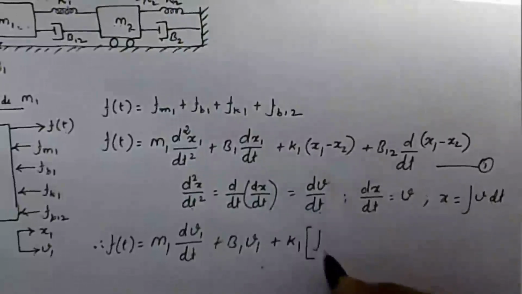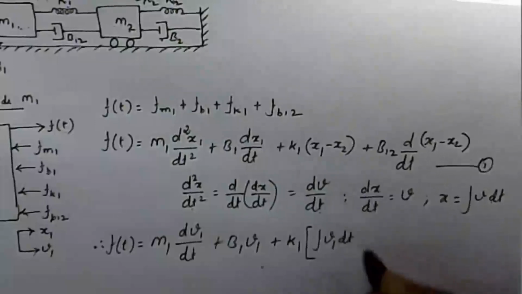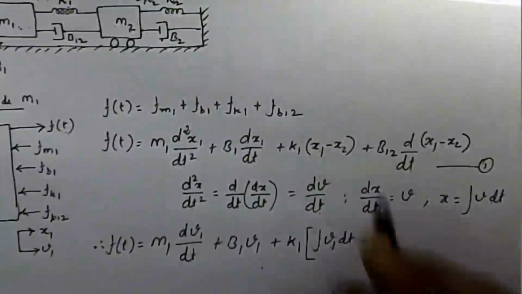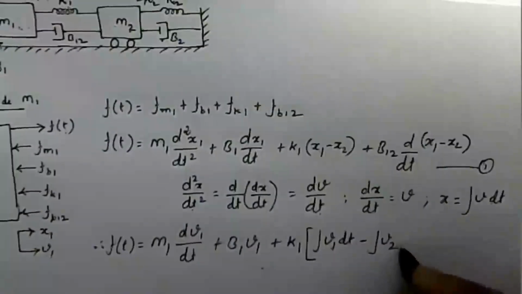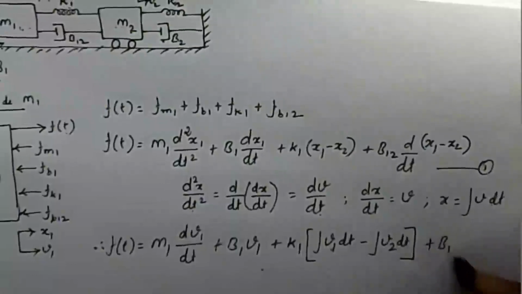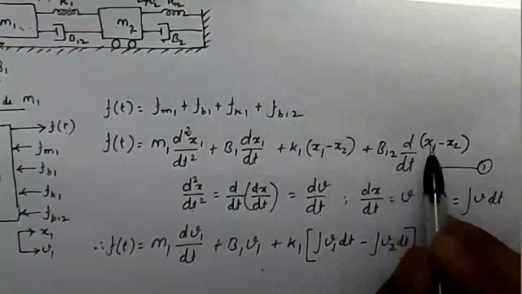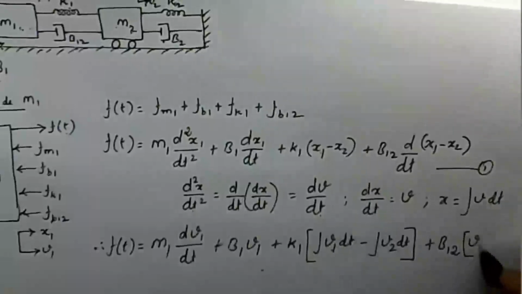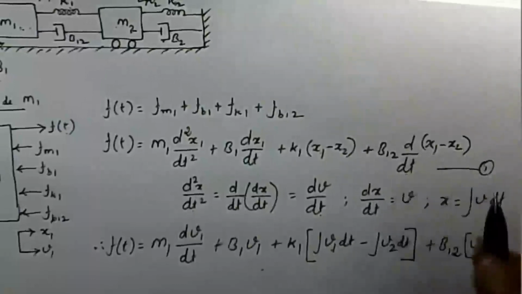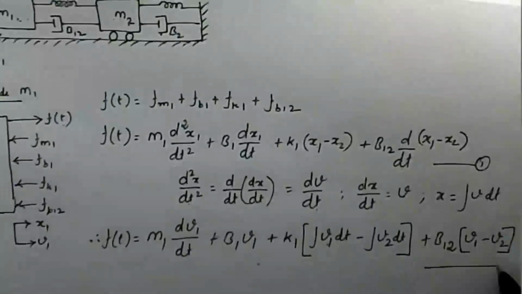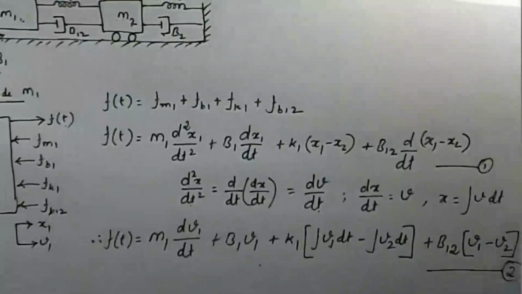Here x1, so substitute integral v1 dt, minus integral x2, so here substitute v2 dt, plus b12 into d by dt of x1, which is v1. Similarly, d by dt of x2 is v2. This is taken as equation number 2.